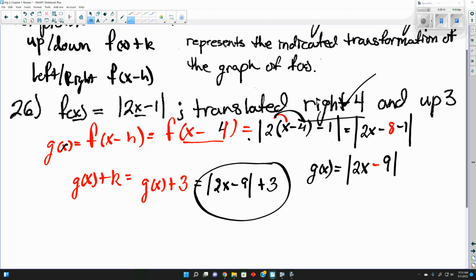So again, with these here, we're only moving it up, down, left, or right. Any other questions on these transformations up, down, left, right?